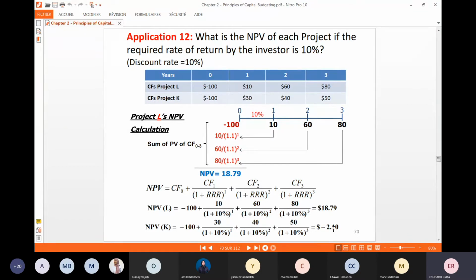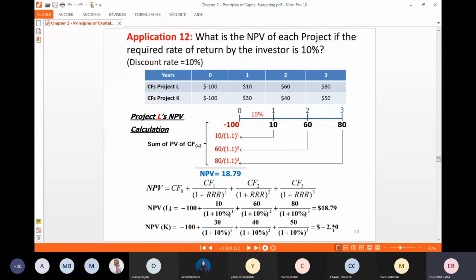The value of today by $18.79 million. Is the project profitable or not according to the NPV? Yes, it is. Because I require 10%, I will get these 10%. I invested 100, I will recover the 100.